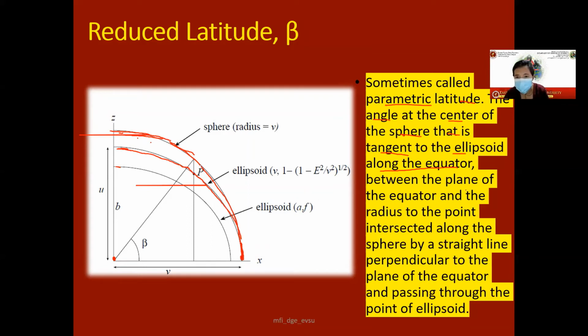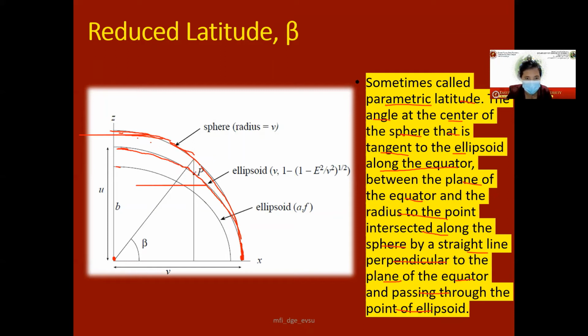And then between the plane of the equator and the radius to the point intersected along the sphere by a straight line perpendicular to the plane of the equator passing through the point of the ellipsoid, the reduced latitude is measured from this sphere, and we have an ellipsoid.